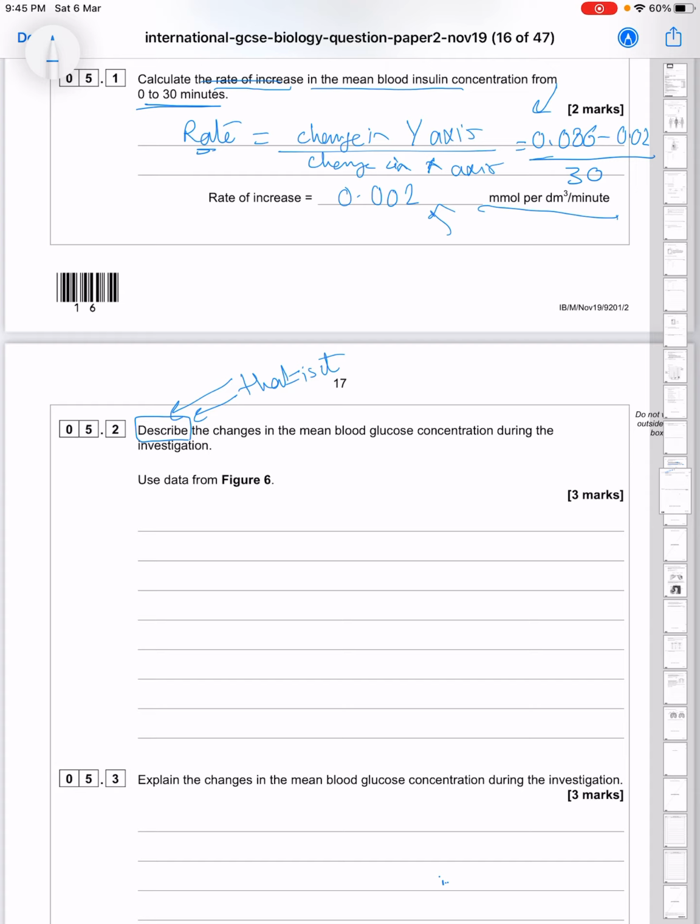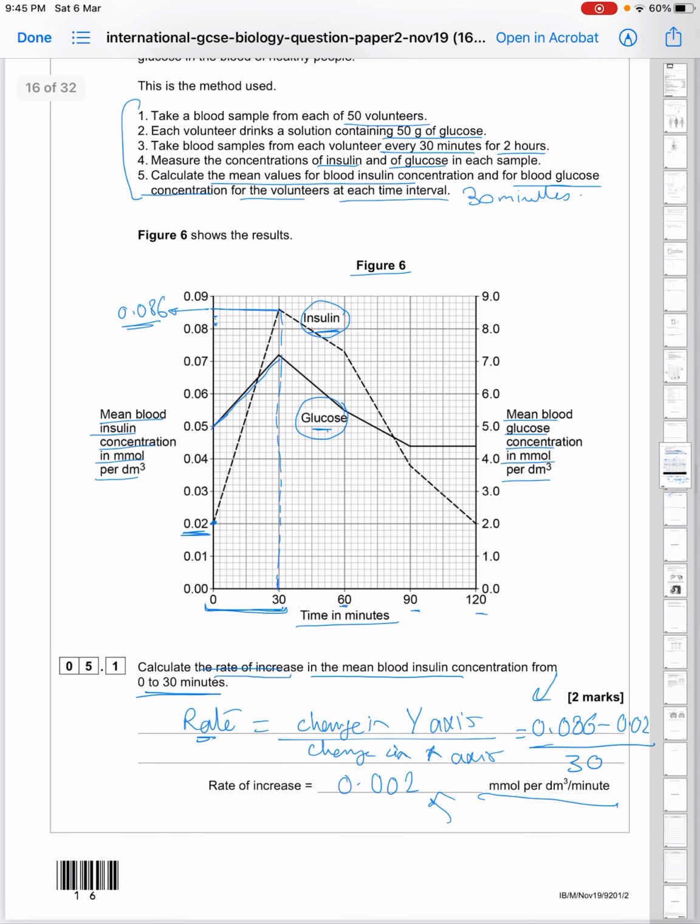So if I check here the mean blood glucose concentration change during this investigation, I need to be focusing only on the glucose. It's increasing from 0 to 30 minutes, then it's decreasing from 30 minutes to 90 minutes, and then it's constant from 90 minutes up to 120 minutes, and that's all we need to write.